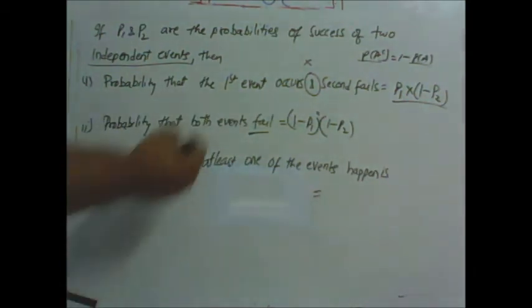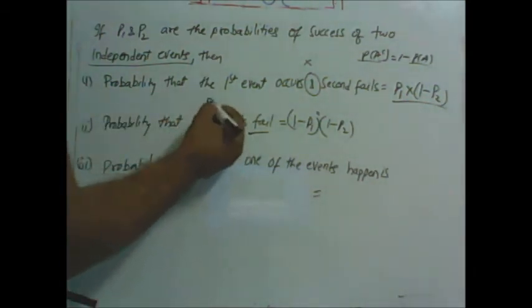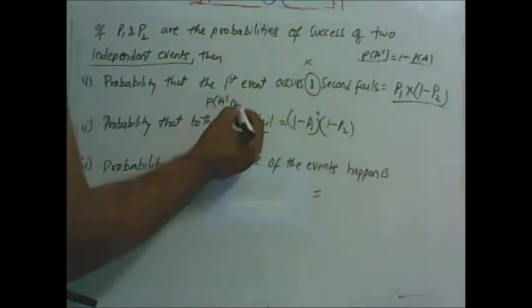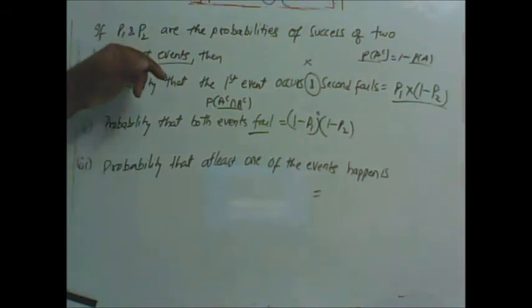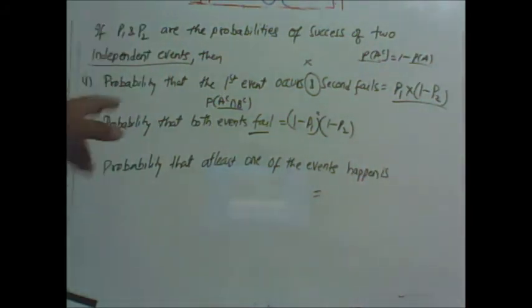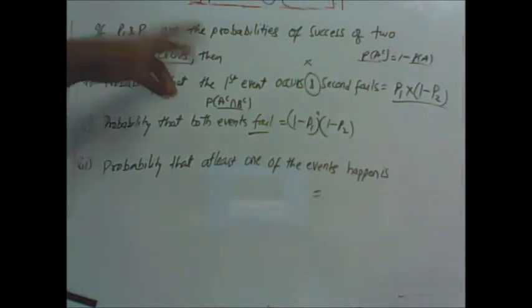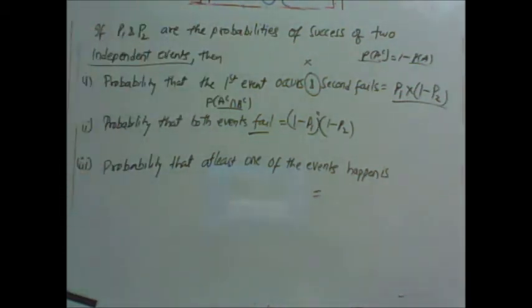Actually, both events failing means P of A complement intersection B complement. As A and B are independent events, A complement and B complement are also independent. A complement and B are also independent, and A and B complement are also independent. So any grouping will give independent events only.